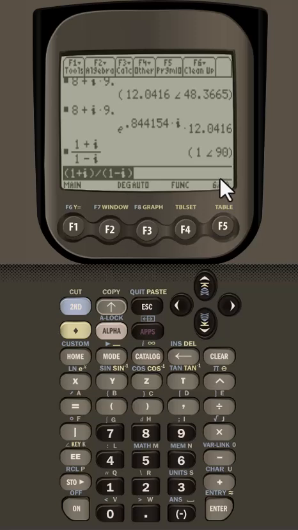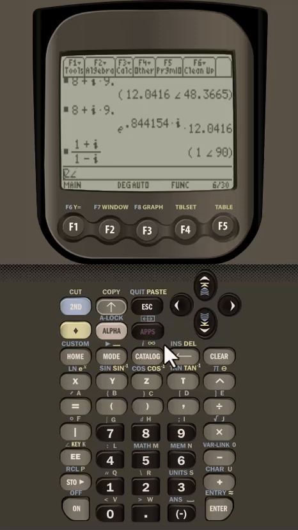Now, what if I had my value in polar form? That's fine. Let's say I wanted to do 2 angle 45, so 2, and then angle is second and EE.